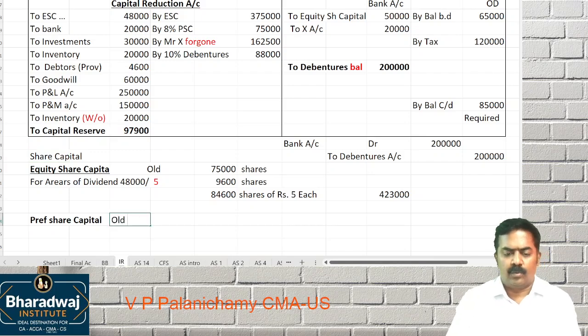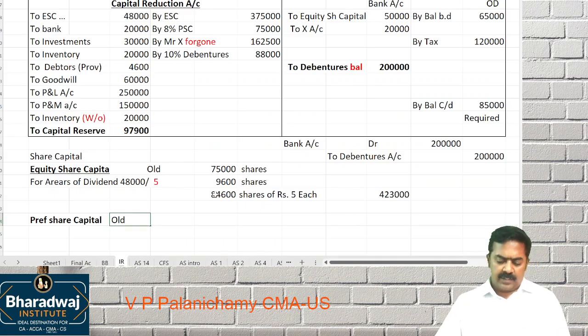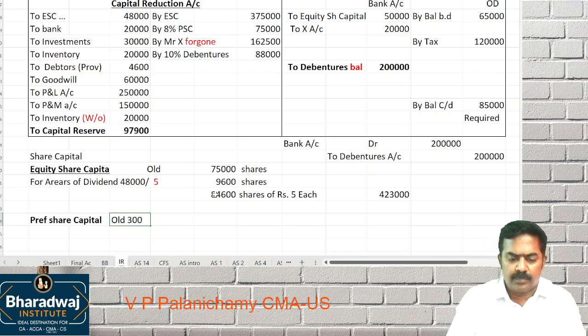Preference share capital. How many old preference shares are there? Old preference shares. So 30,000 shares is reduced to 7.5 each. And anywhere we issued preference shares? See whether we have given preference shares anywhere.